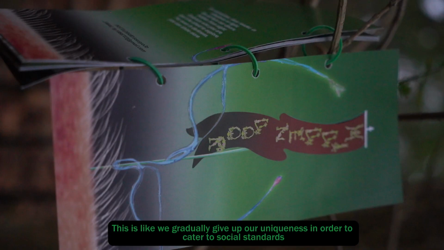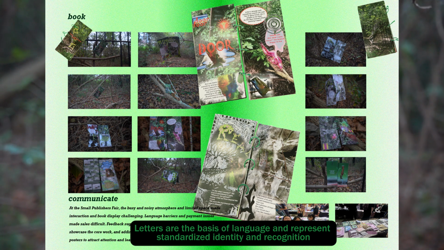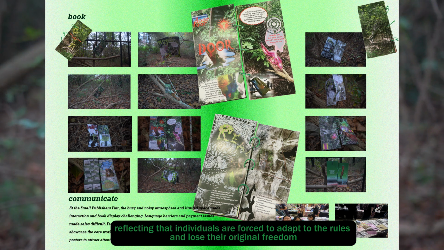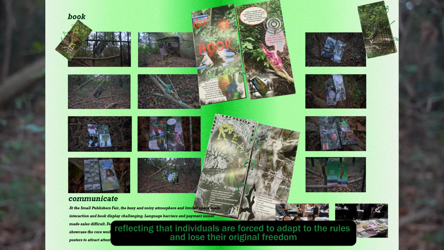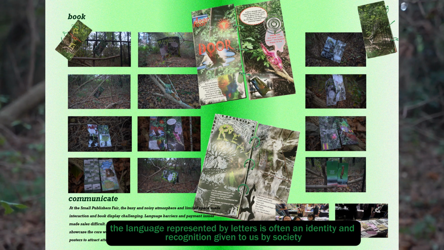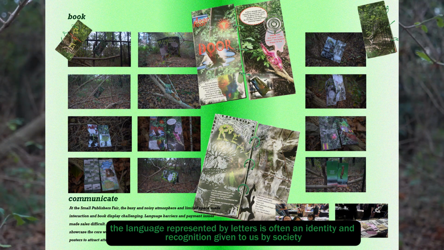This is like we gradually give up our uniqueness in order to cater to social standards. Letters are the basis of language and represent standardized identity and recognition. The branches turned into letters, reflecting that individuals are forced to adapt to the rules and lose their original freedom. Moreover, the language represented by letters is often an identity and recognition given to us by society.